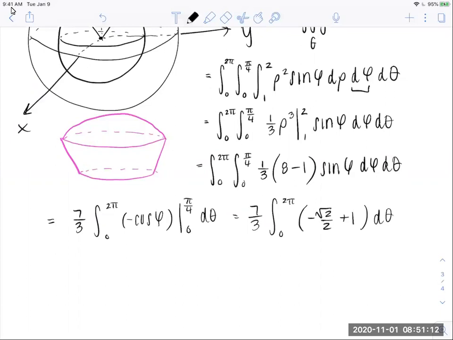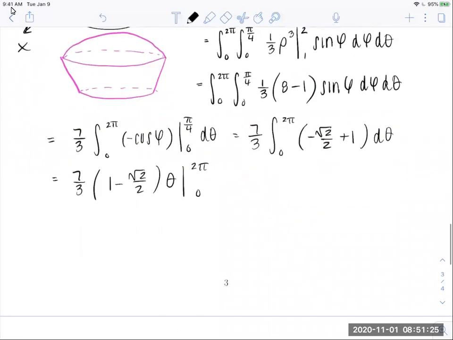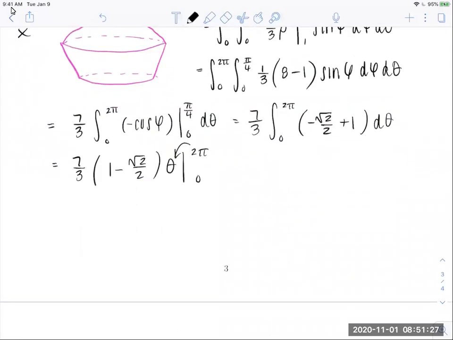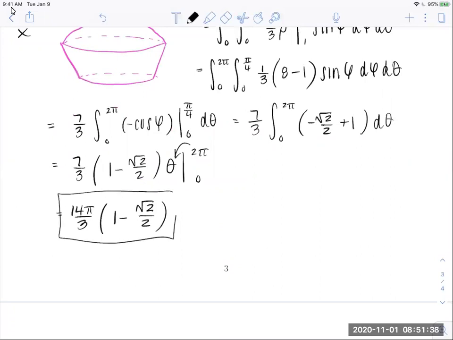And finally, since I'm integrating with respect to theta and there are no thetas, I'm just going to tack a theta on here at the end, going from 0 to 2 pi. And so I'm just going to plug in 2 pi here. So I'm going to write my final answer as 14 pi over 3 times this expression, 1 minus the square root of 2 over 2. All right, and this is the volume of my solid.